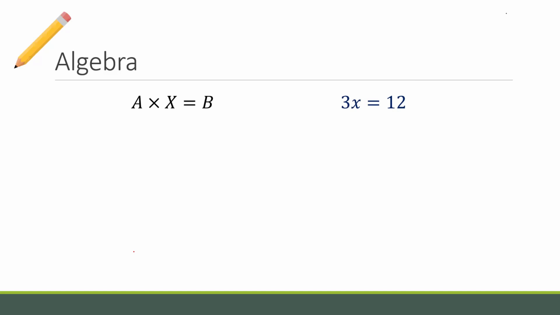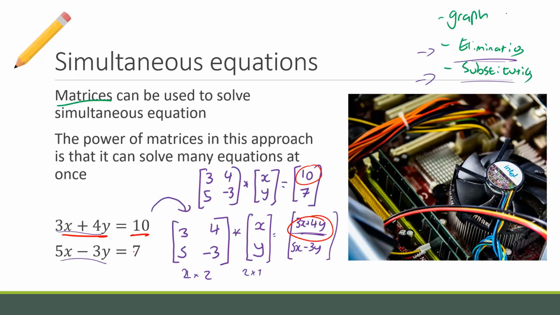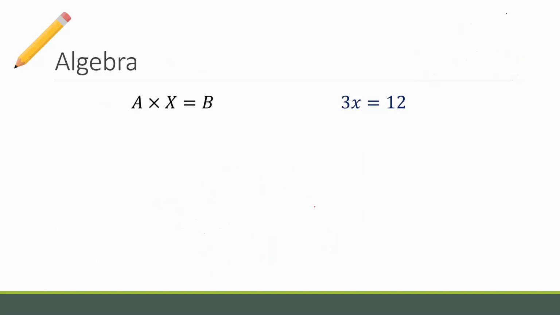And on the right, we've got 3 x equals 12. The reason we're doing it like this is that I'm going to assume this here is matrix A, this here is matrix X, and this here is matrix B. So that's where these terms are coming from.